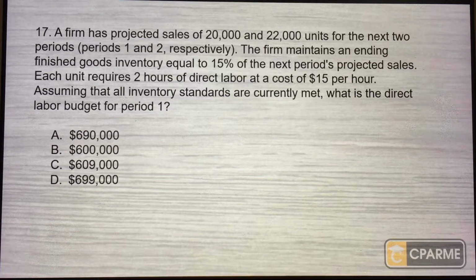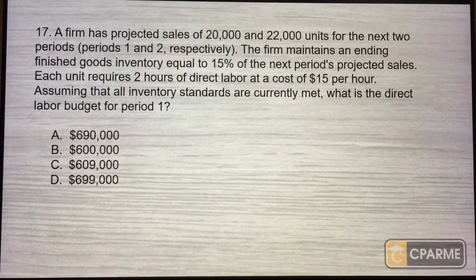And then if the problem is asking for the total cost, you multiply by the direct labor price per unit. If it's not the cost, then it's the units produced multiplied by the direct labor hours required to produce one unit.